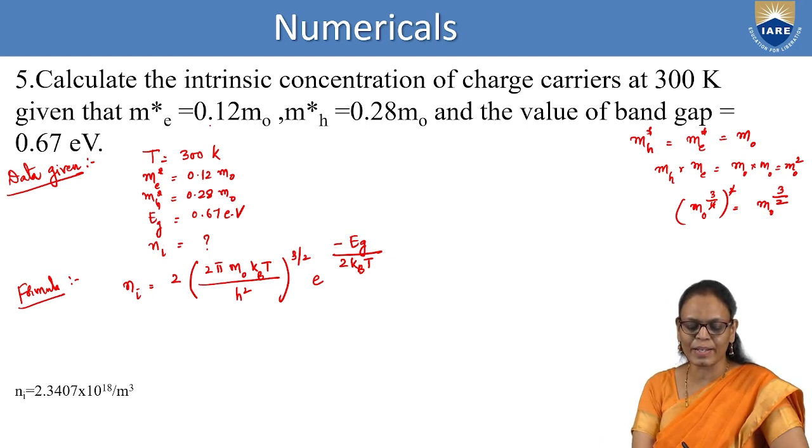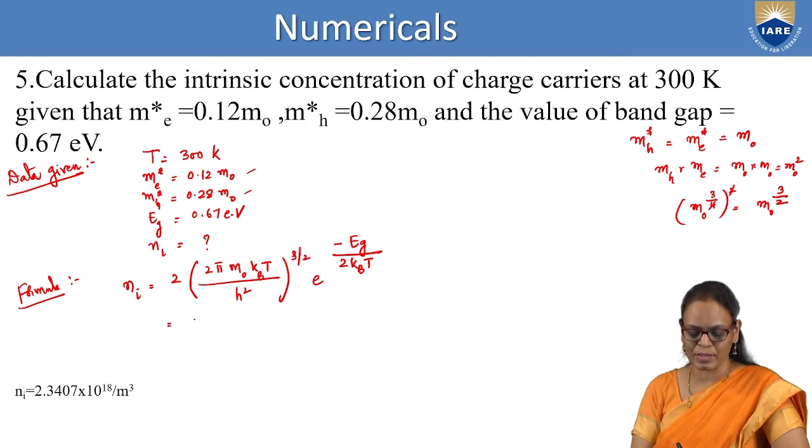So since the values of MH and Me are not the same, I am going to write this formula as, taking M naught out, (2 pi kBT by H square) power 3 by 2 into (Me into MH) power 3 by 4.